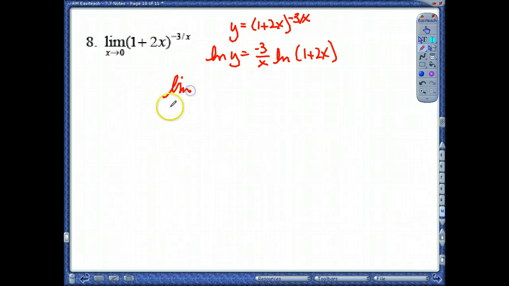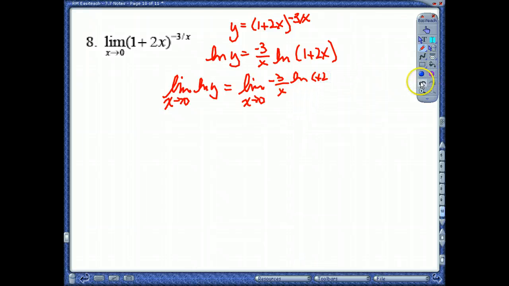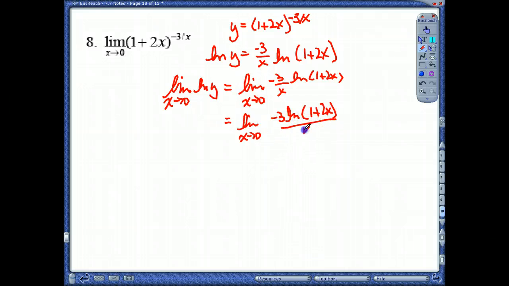So the limit as x approaches 0 of my natural log of y is equal to the limit as x approaches 0 of negative 3 over x, natural log of 1 plus 2x. Wow, that just morphed right out of there. Okay, so really what we have here on the right side is negative 3 natural log of 1 plus 2x all over x. So I end up with 1 plus 2 times 0, so that's 1.